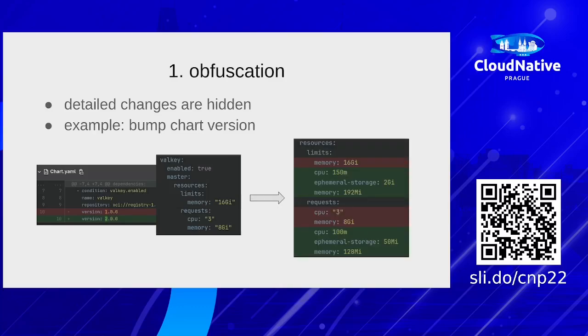Because what happened? You realized that the master block was renamed to primary block, and that you basically removed resources from your cache. And yeah, the cache won't be very happy. I won't say this didn't happen to us, because it did.